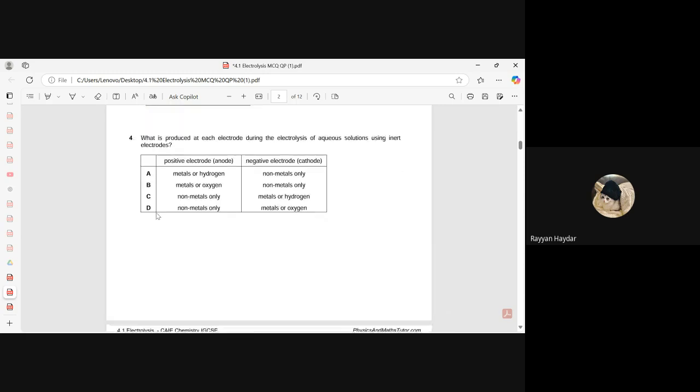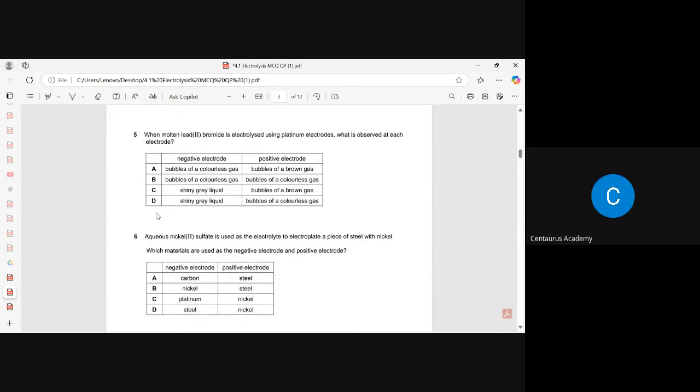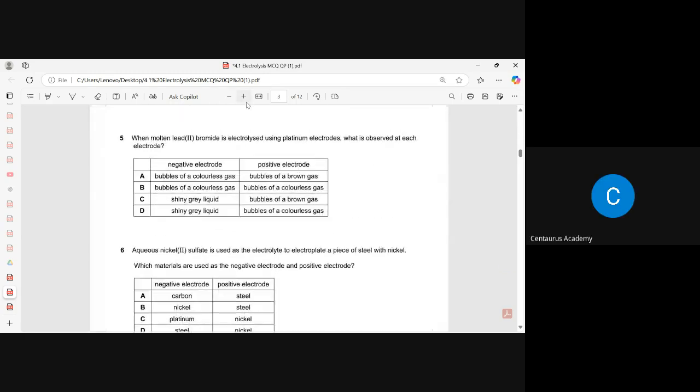Yes, miss. Okay, look into this one. When molten lead bromide is electrolyzed using platinum electrodes, what is observed at each electrode?